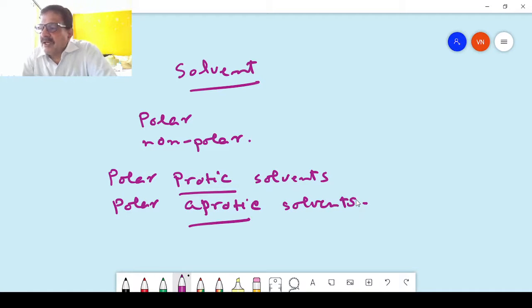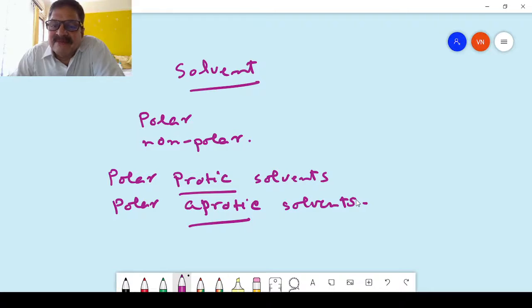Polar protic solvents are capable of intermolecular hydrogen bonding. The polar solvents are divided into two categories: aprotic solvents and protic solvents. So what is a protic solvent? It has an active hydrogen atom, which means it is involved in hydrogen bonding, or it has a strong dipole interaction with other species.